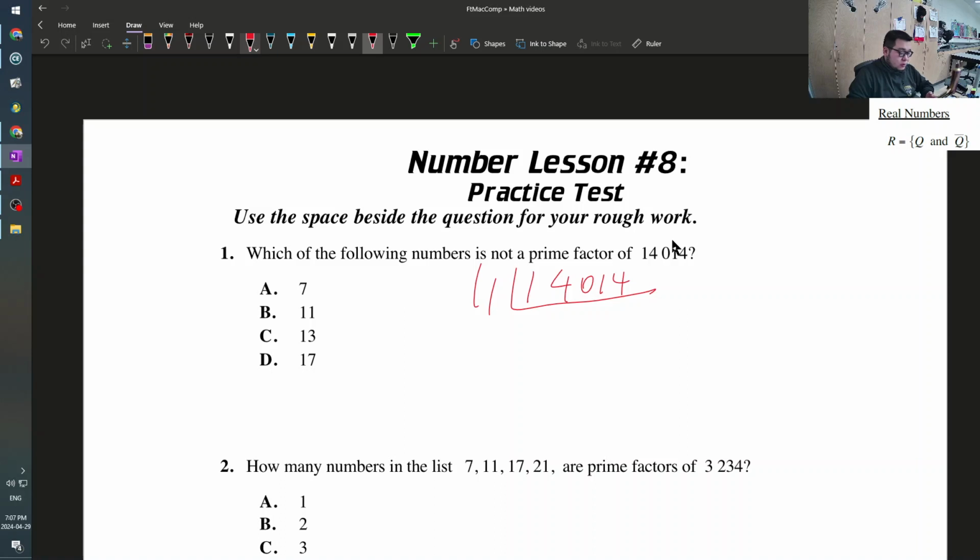Well, it's 1274. It is even, so divide by 2. 637 divided by, I think, 13. Nope. Divided by 17. Oops.